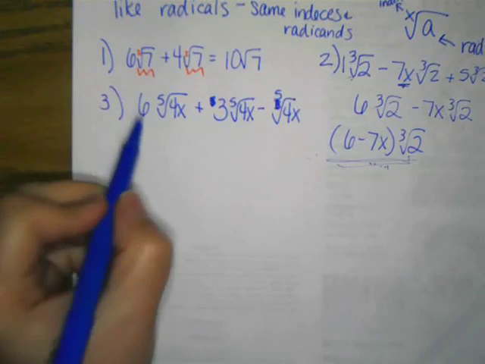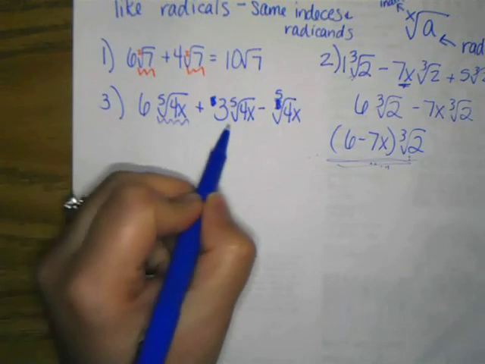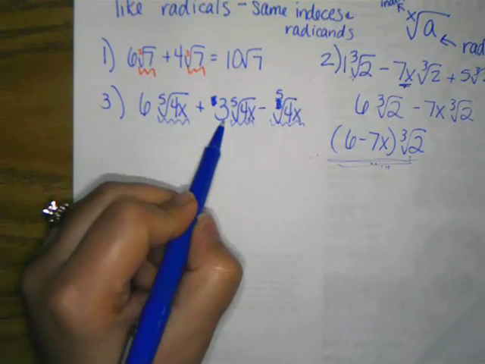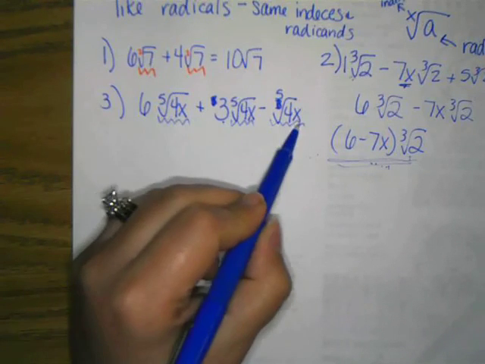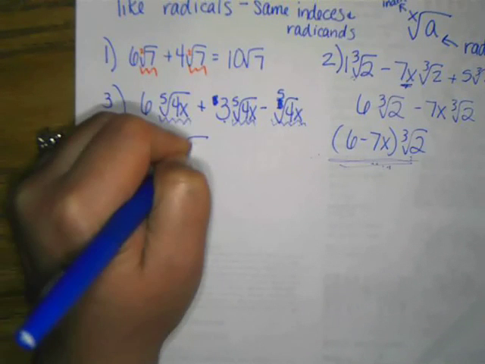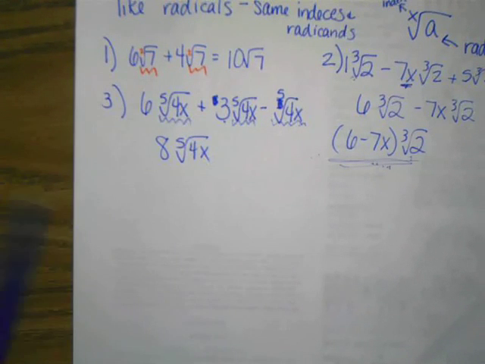Sorry for my mistakes. So I have the fifth root of 4x, the fifth root of 4x, and the fifth root of 4x. So I have 6 of them, plus 3 of them, minus 1 of them. 6 plus 3 is 9, minus 1 is 8, fifth root of 4x. Not too bad.